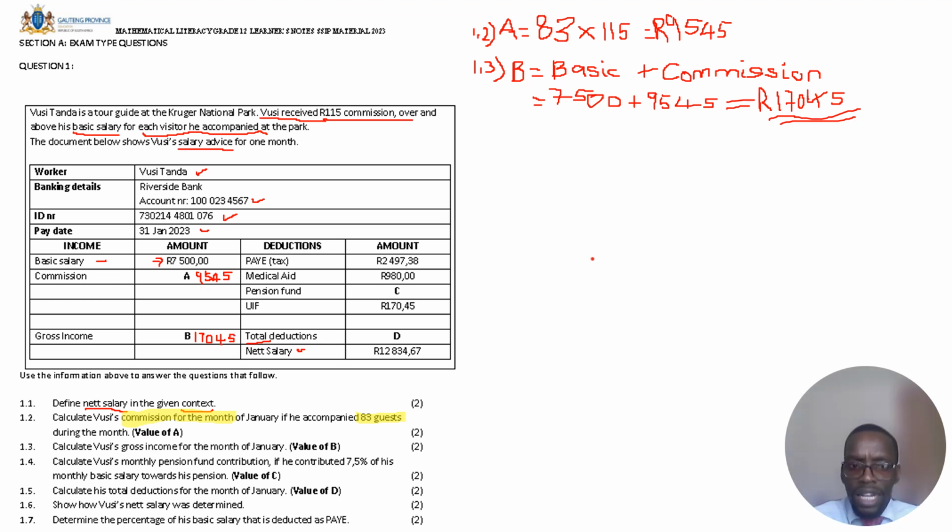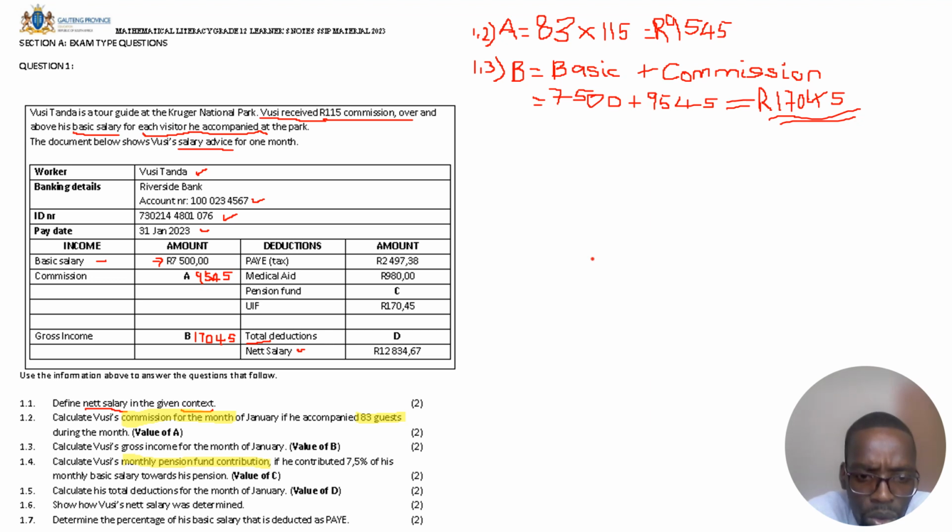So once you have done that, then it means we now have the values, and then we go to the next part now, which is calculate Vusi's monthly pension. So like what I always advise my learners is they take out their highlighter and then they are looking for monthly pension contribution.